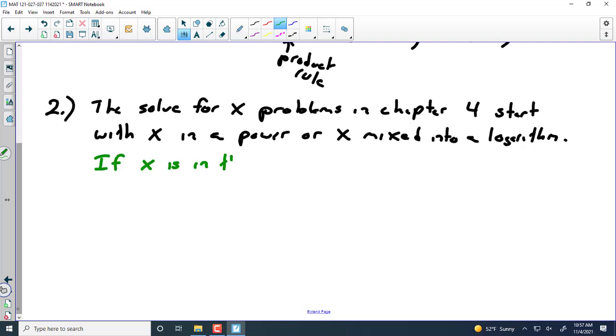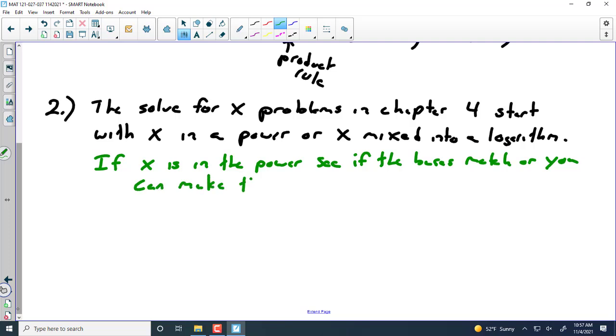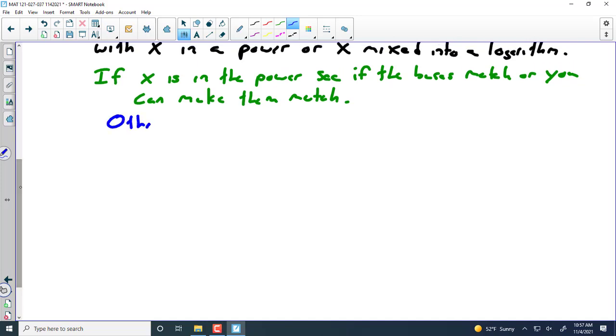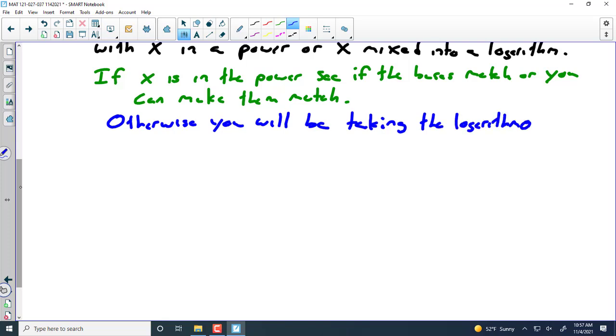If x is in the power, see if you can make the bases match or if they match already. Otherwise, you will be taking the logarithm of both sides.